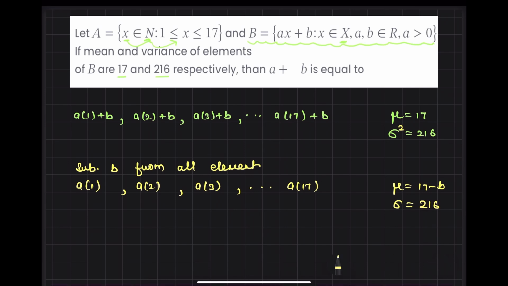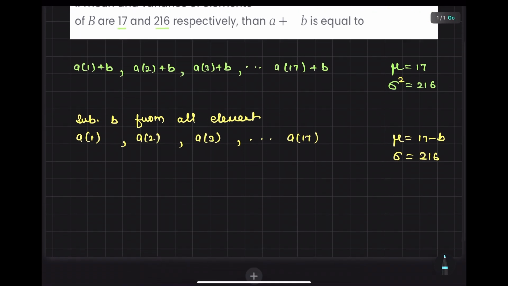Now try to observe something which is creating a problem for you. You know that a is involved with all the elements. So what I want to do is divide all elements by a. You know which kind of impact it will create on the mean and the variance. Now look at this: if I divide all the elements by a, we will be left with 1, 2, 3, and look at this, this is your favorable zone, 17.